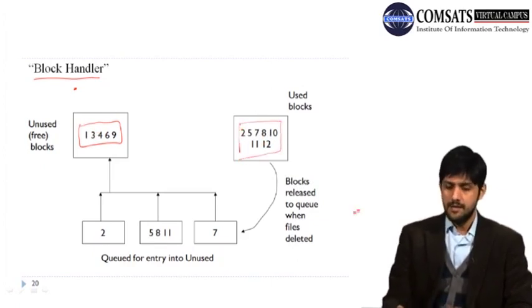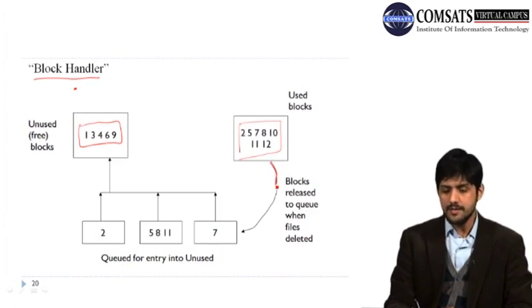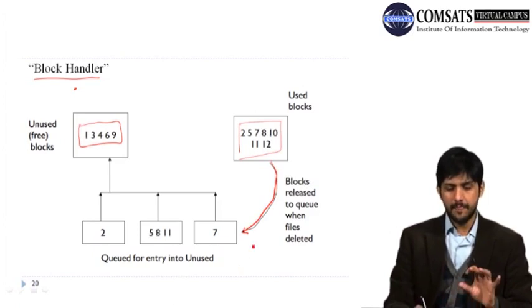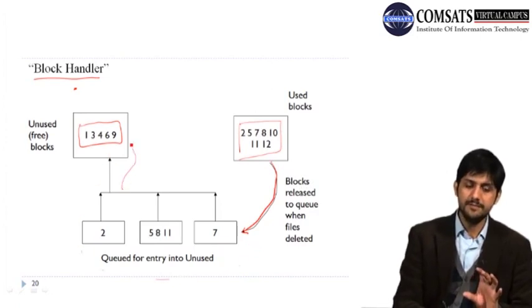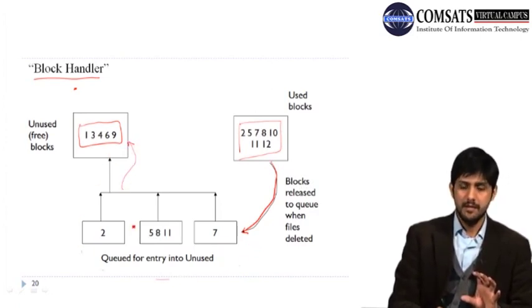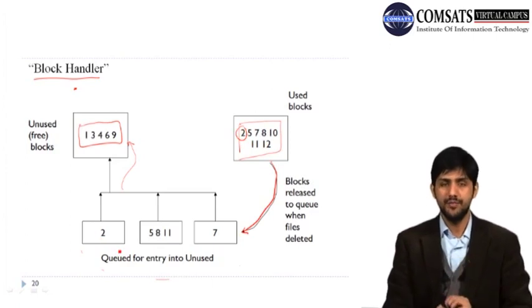So whenever a file is removed, these blocks are added to this queue, and from this queue the blocks are then added to the set of unused blocks. So this block 2 is being added to this queue now, because this certain file has been removed.